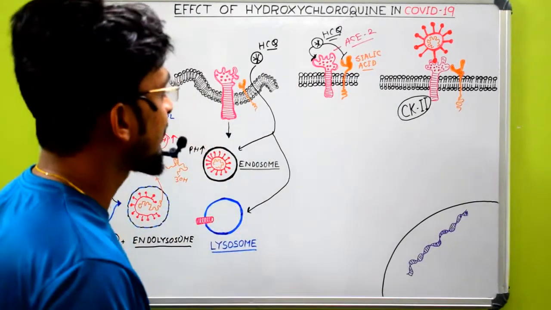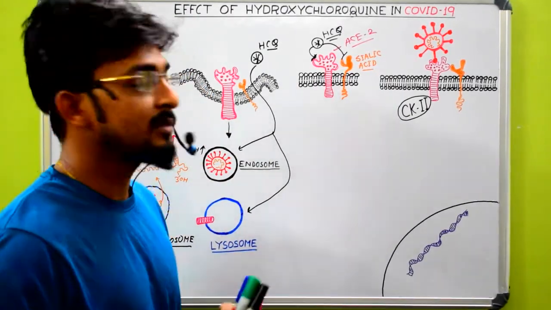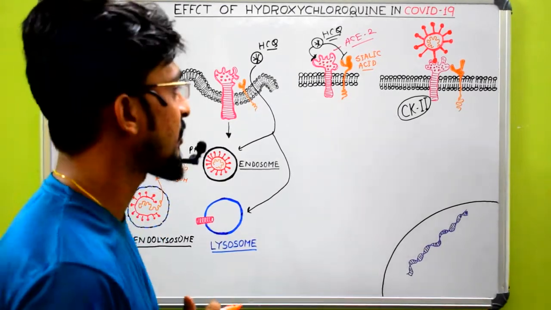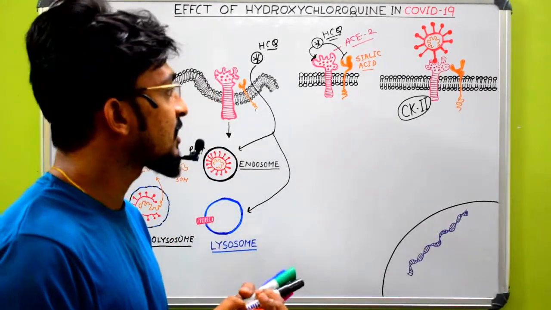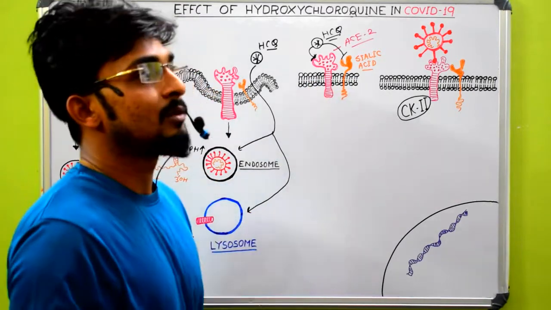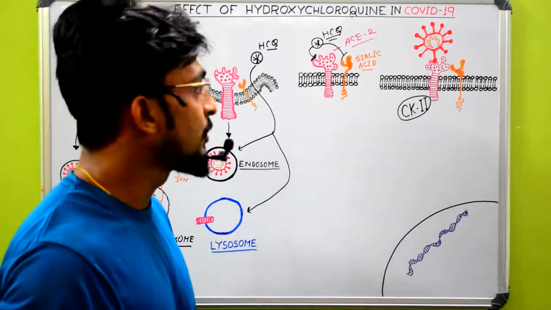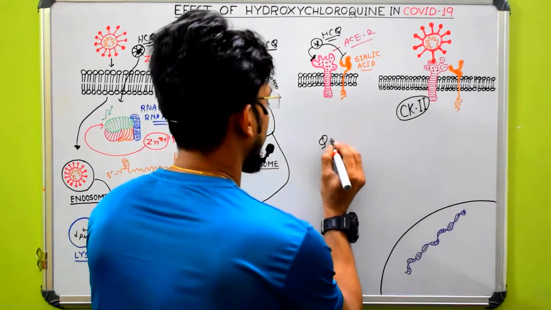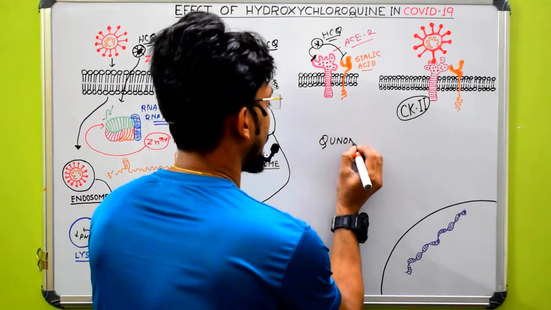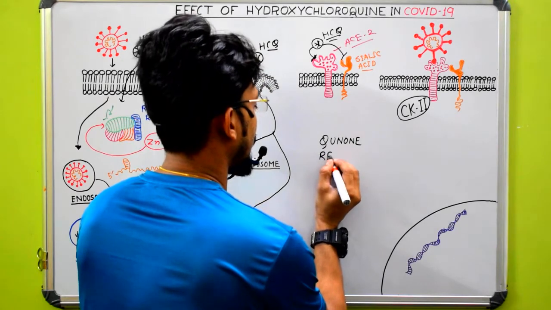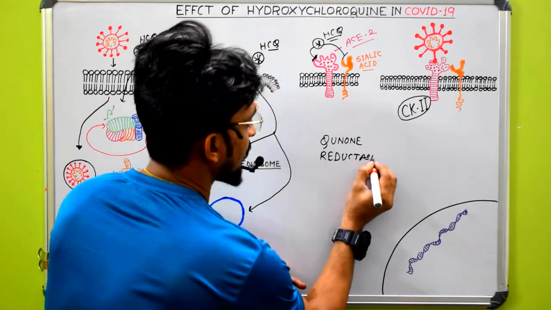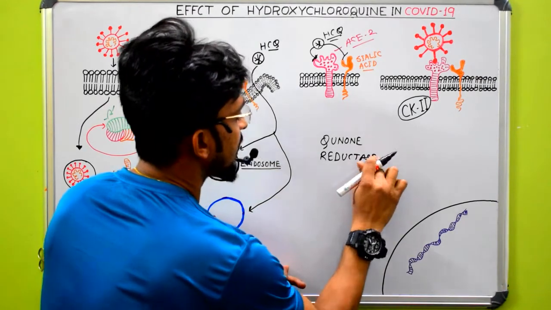Another thing is that this sialic acid is formed inside the cytosol by another biosynthesis process. In that biosynthesis process of producing this sialic acid, there is one very important enzyme known as quinone reductase.